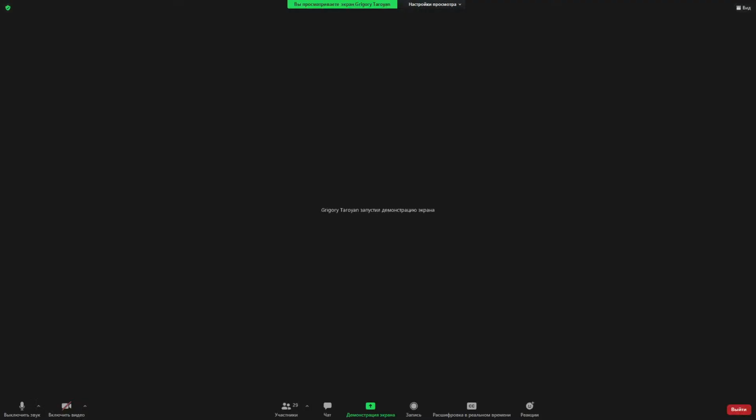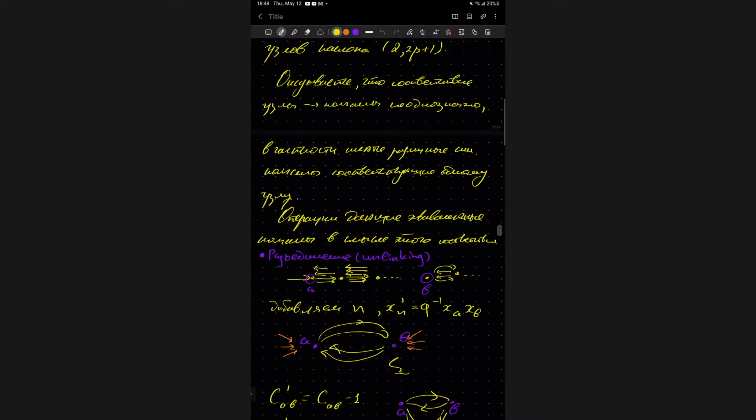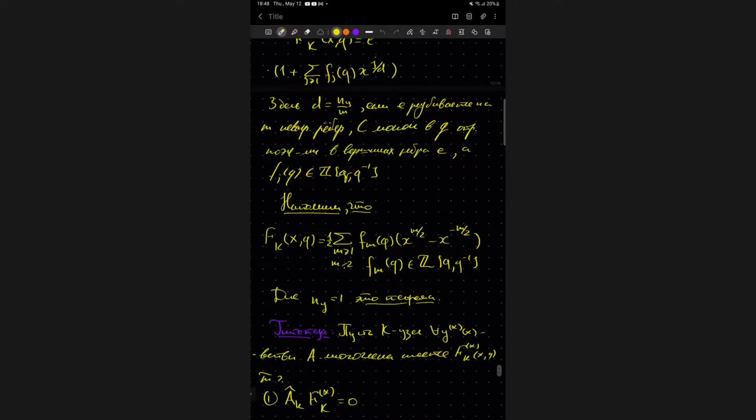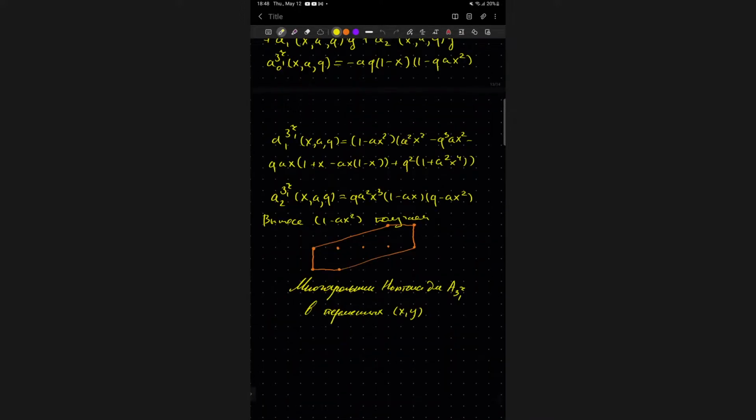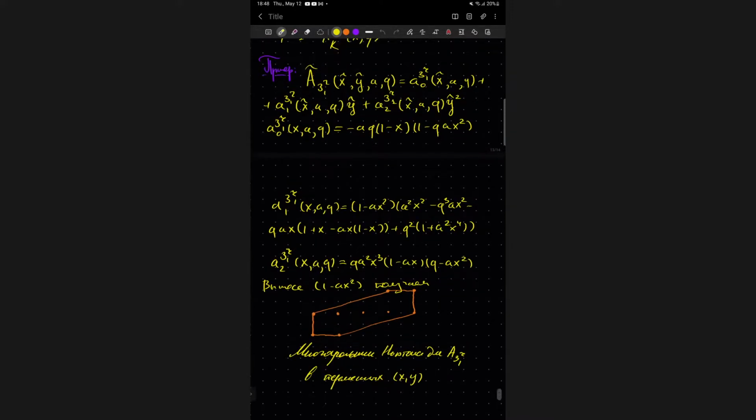Yes, I'm back. Let me share what I was meant to say about an example with a trefoil knot. So what I was saying is that for the quantum A polynomial for trefoil knot, we have the following decomposition, and then each of the individual terms can be written down like this.